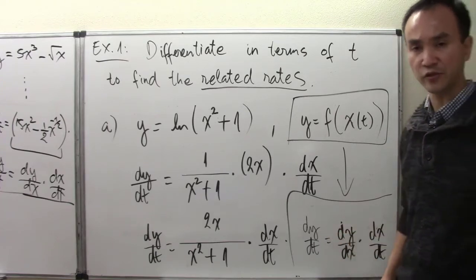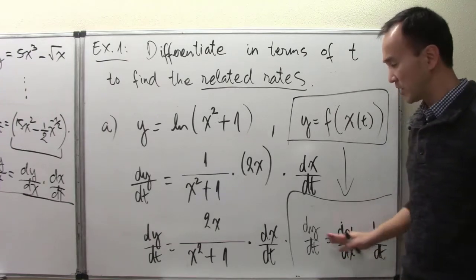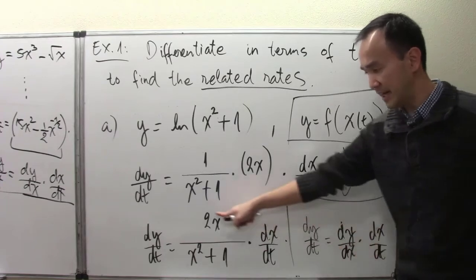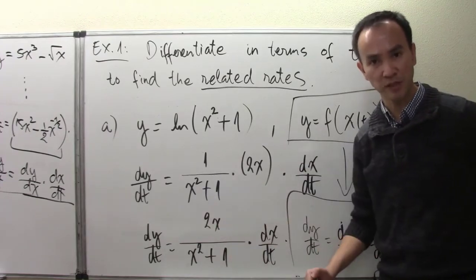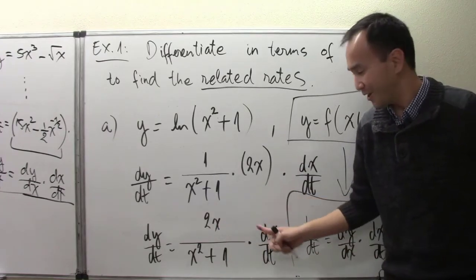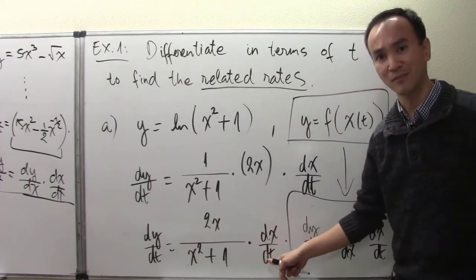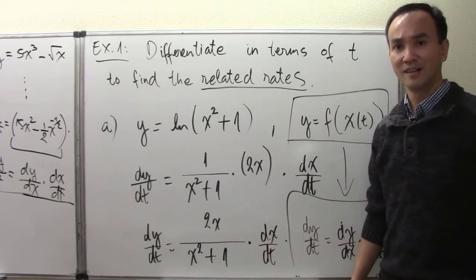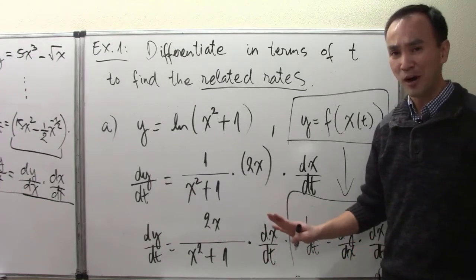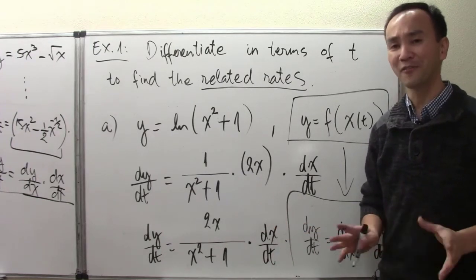That's the essential idea that I was focusing on. And so the dy dx here led me into this 2x over x squared plus 1 as usual. On my left-hand side is dy dt, and on the right-hand side is dx dt. After part A, part B will pick up a lot faster.